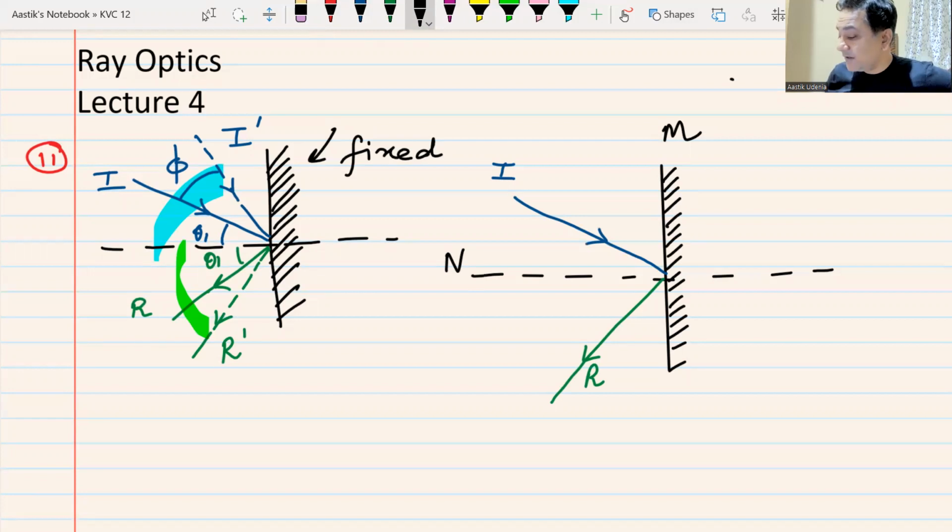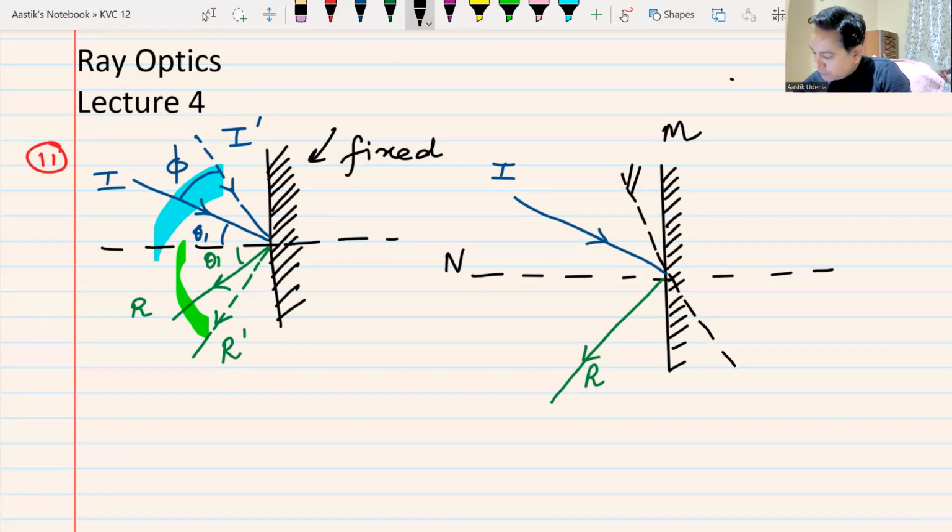Now what will happen if, instead of rotating the ray, I rotate the mirror? So let us say I rotate the mirror. This is the new mirror that I have created.